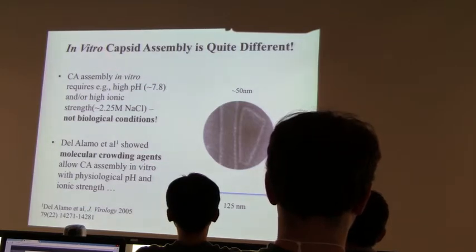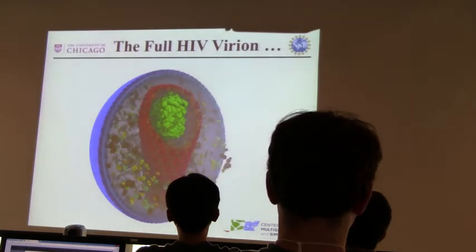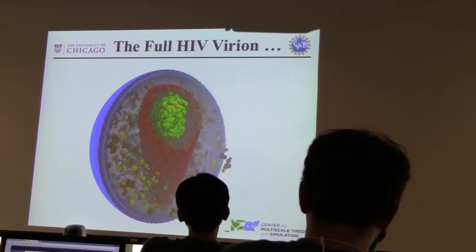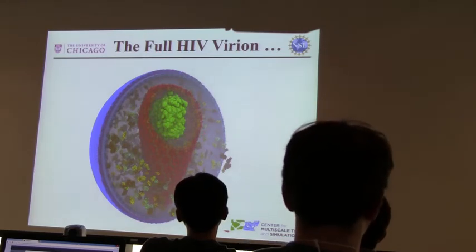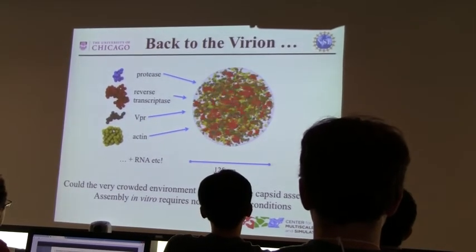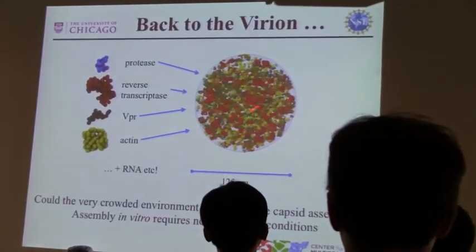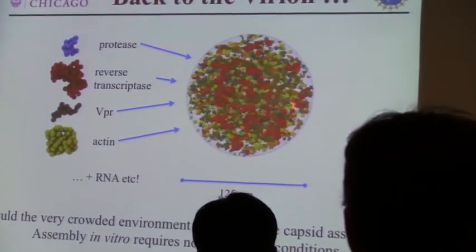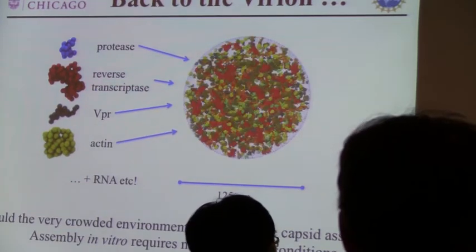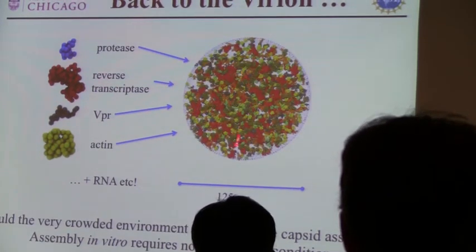Well, it turns out in the actual virus, so this is the membrane, we've kind of simplified it, there's that capsid, the RNA inside of it, there's a tremendous amount of junk in there, all right? It carries along a lot of stuff. This is the amount of other stuff that is in that virus particle. So that simulation I showed you, the thing trying to grow, is happening in that kind of an environment.